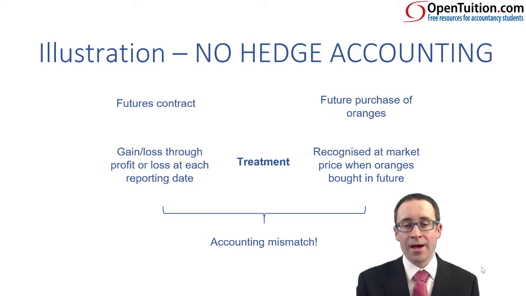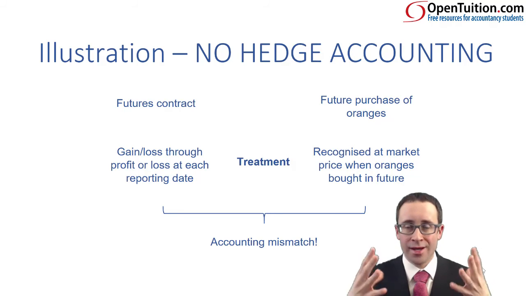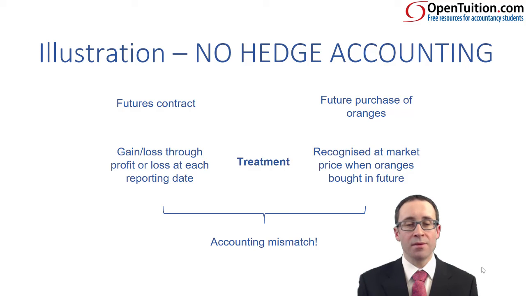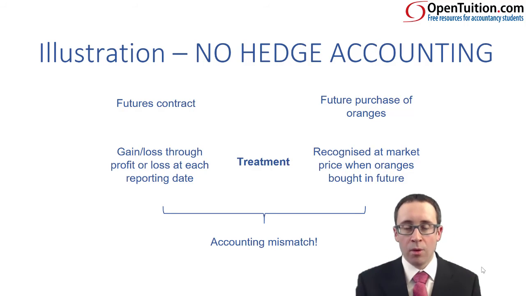So we're going to have to hedge account. We're going to have to make sure that the gains and losses are recognised in the correct period, i.e. the same period, and in the same financial statements. So that's what this process is about. And as we go through, we'll look at what's referred to as a cash flow hedge. And we'll also begin to look at a fair value hedge.